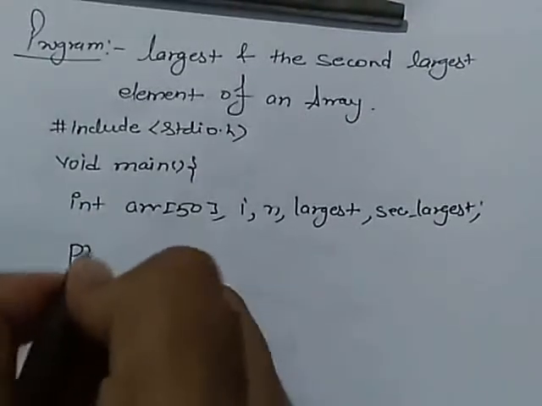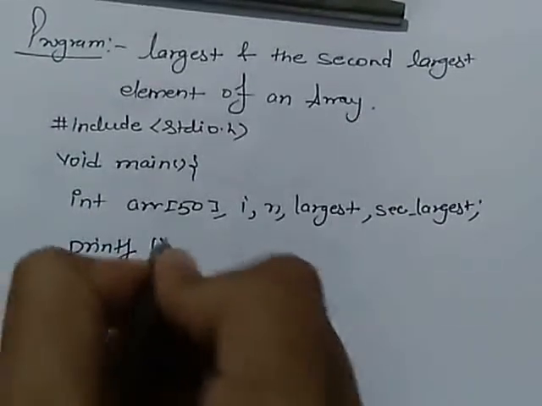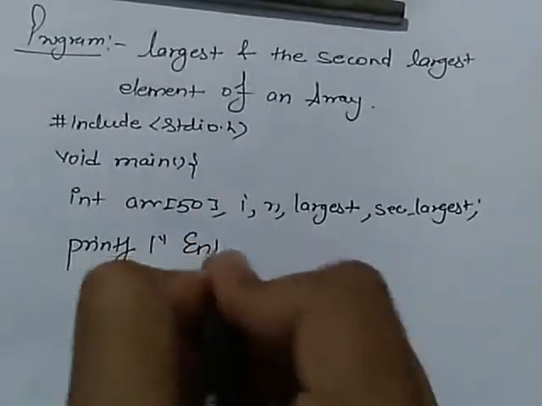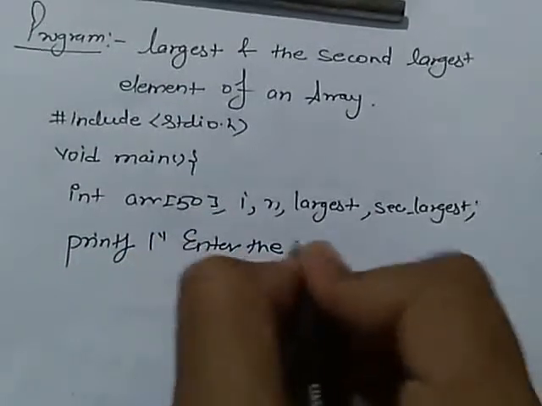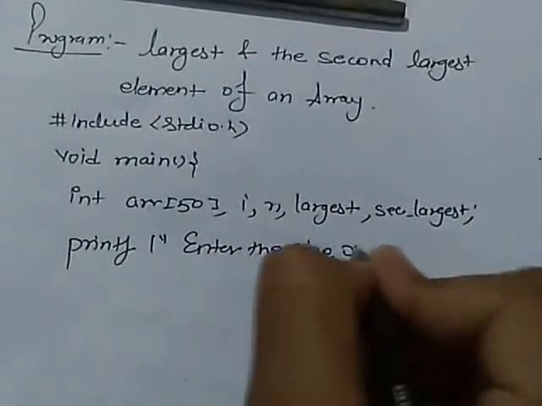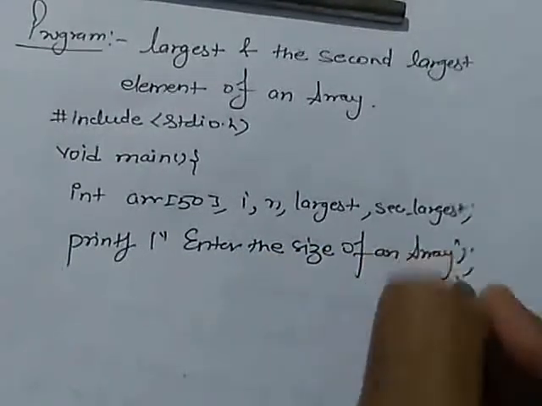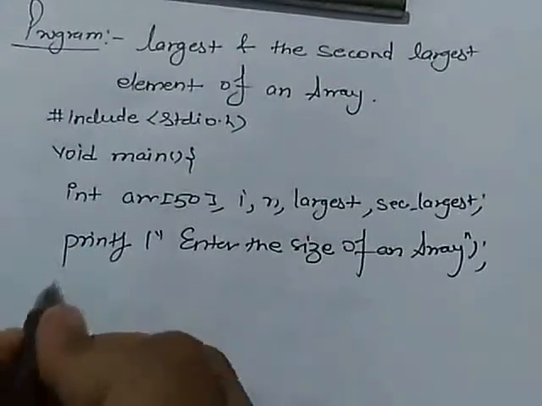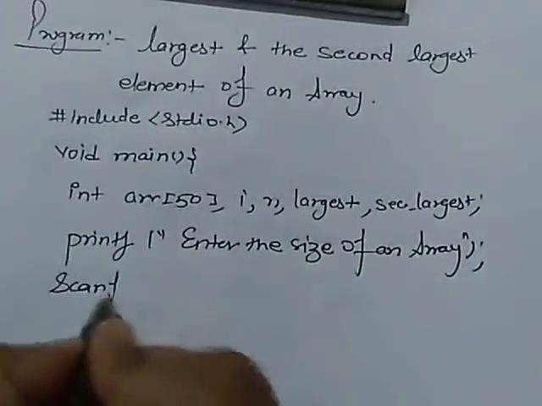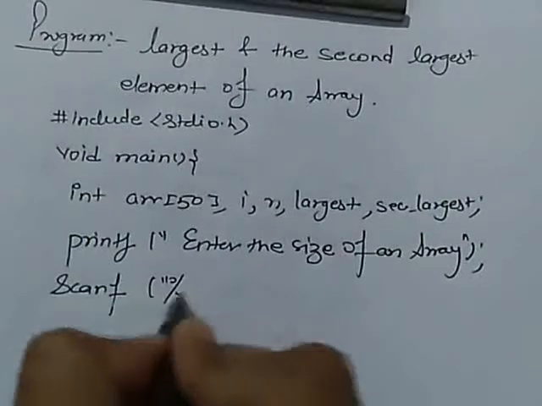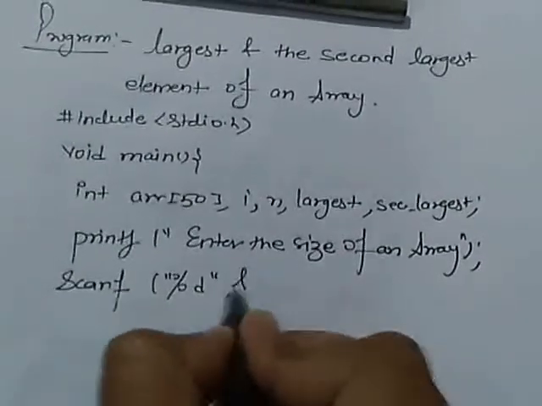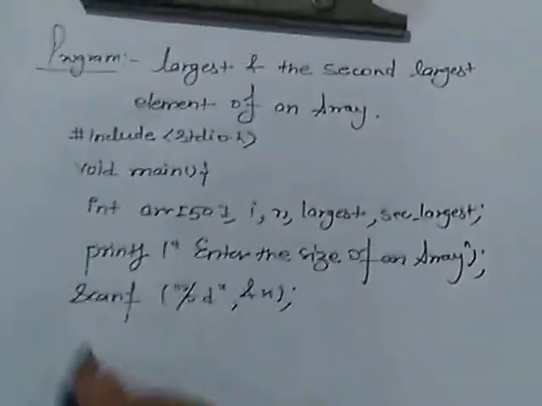So first printf, enter the size of an array. Scanf %d, address of n.